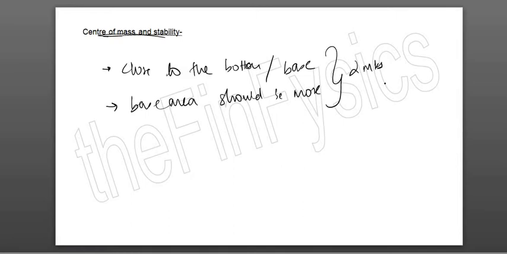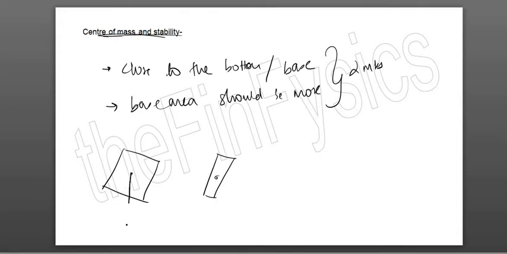Sometimes in MCQs they will give you an object and they will tell you find out a case in which the object will not topple, or will not fall over, and they will give you 4 diagrams. Diagram 1, then diagram 2, and the center will be marked.